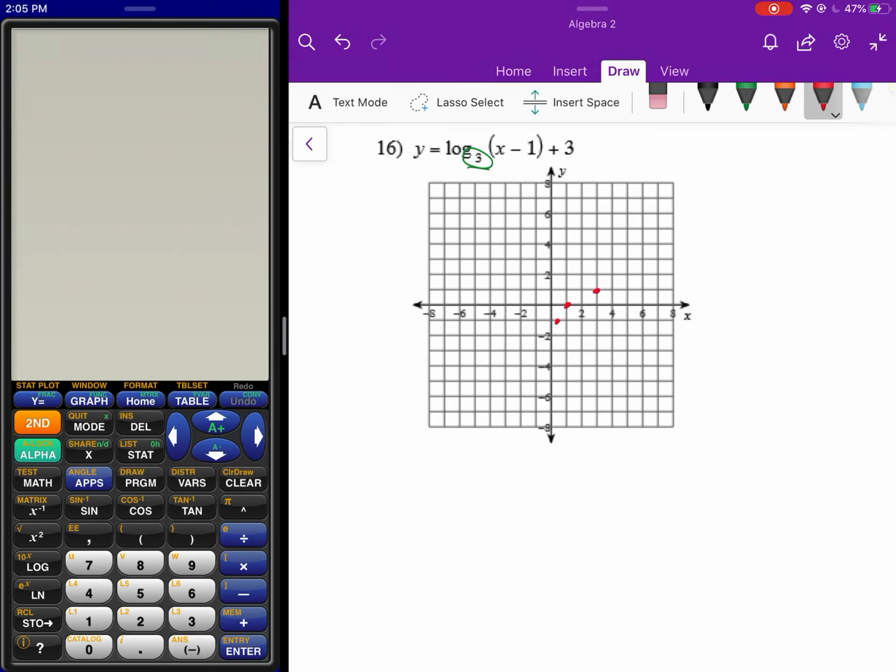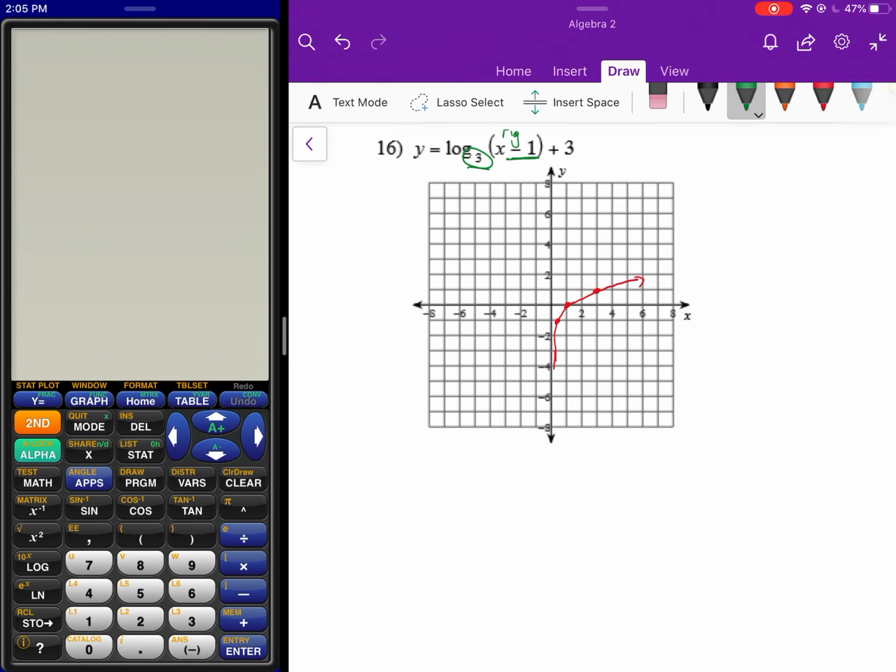And then number 16, I'm not going to do the table for the parent function. I'm just going to put the points in there. We've done them 3 times already. There's the parent function again. This one now is a little different, though. This one moves right 1 and up 3. So you're going to move each of those points right 1 and up 3.